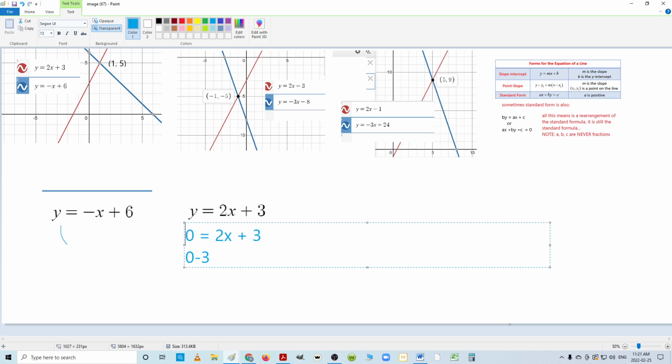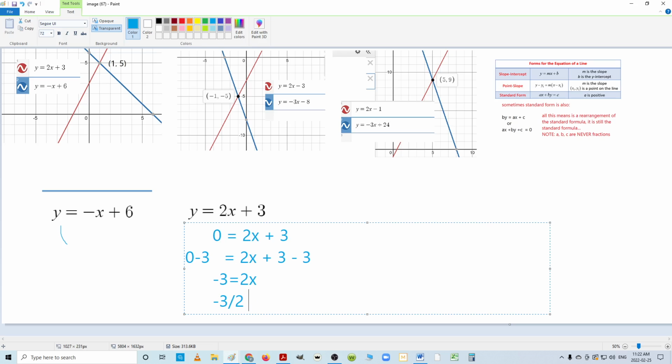I'll keep the things balanced here. What do I have on the left? 0 minus 3 is minus 3. And I'm left with that. Oh yeah, it's not going to be quite even. I can see that. Now I have to divide both sides by 2, because x is being multiplied by 2. So I get minus 3 over 2 is equal to x.